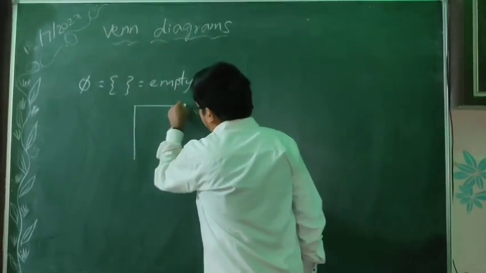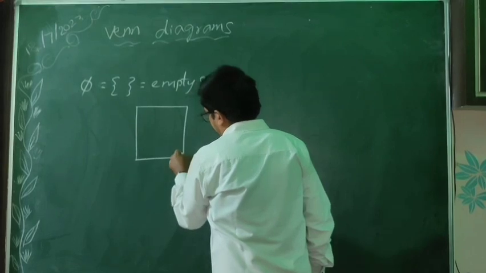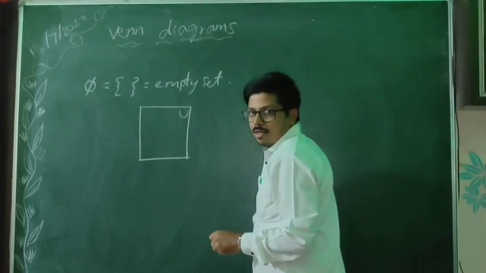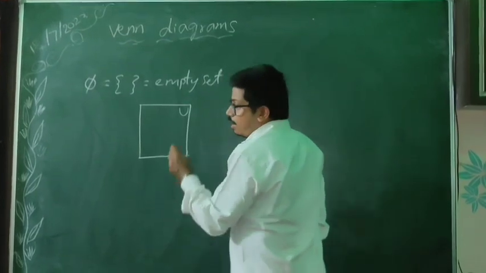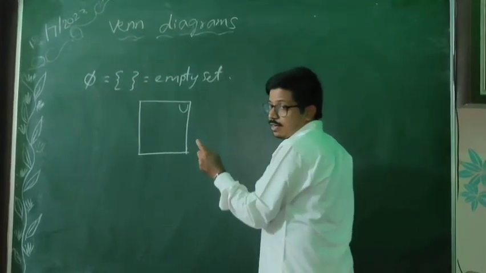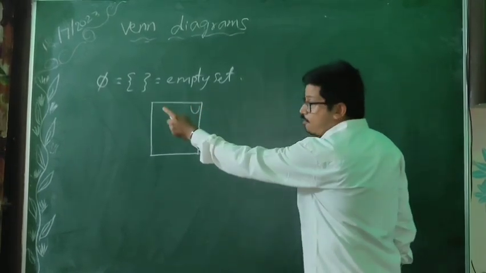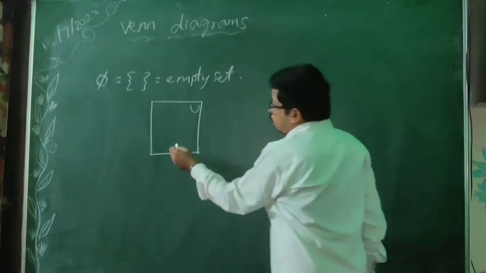I have taken a universal set U, and here I have to show a null set or empty set or void set, φ.